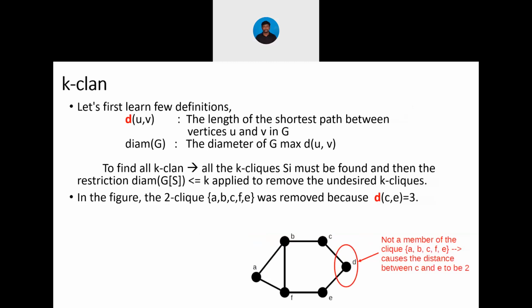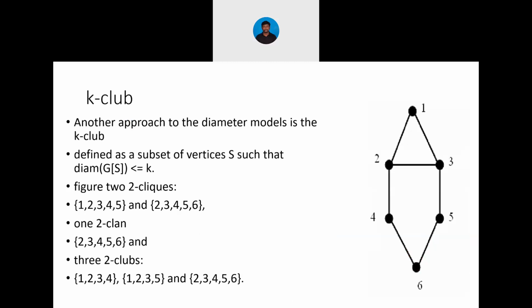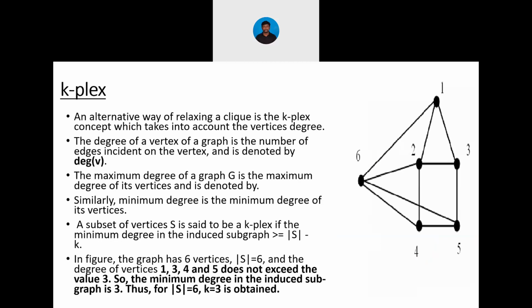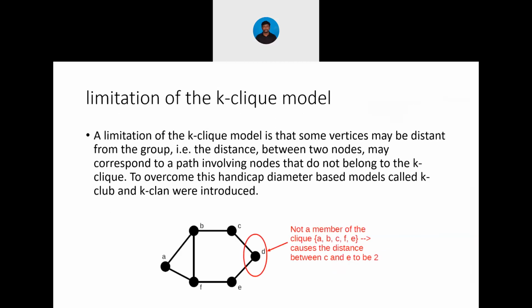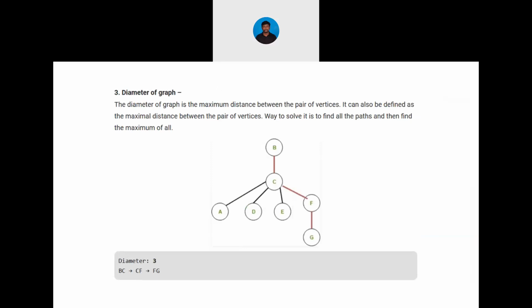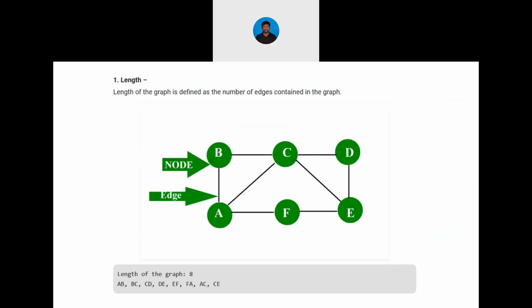If the subgraph is derived with the help of diameter, then that is actually called a club. And then K-plex: the subgraph is derived with the help of the degree. So this is how the subgraph has been derived from the original graph, and how the nodes interact with each other has been defined. Okay.